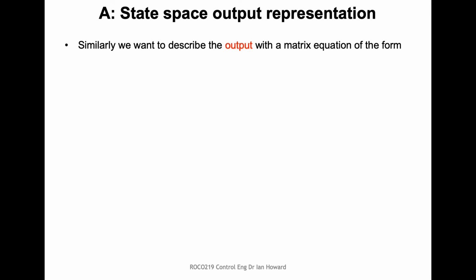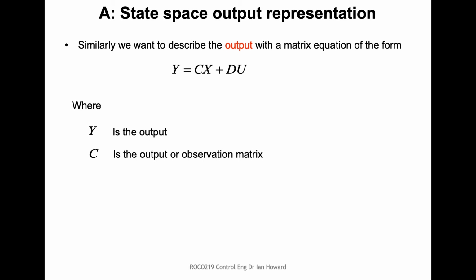Right? So we've also got an output equation, y equals Cx plus Du. y is the output of the system. It can generally be a vector or a matrix. C is the output matrix, so it tells us how the state x relates to the output.